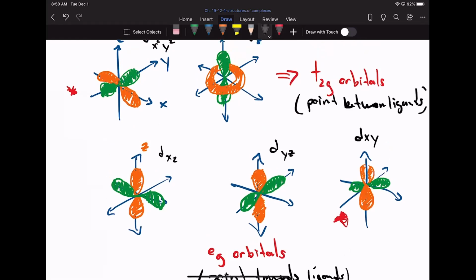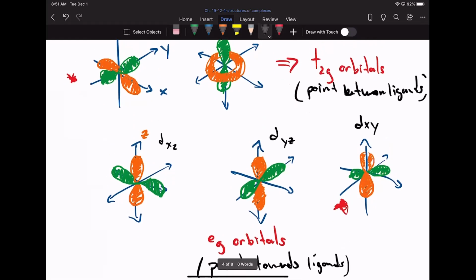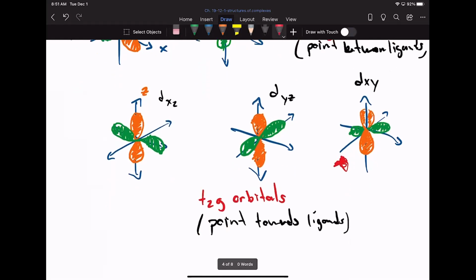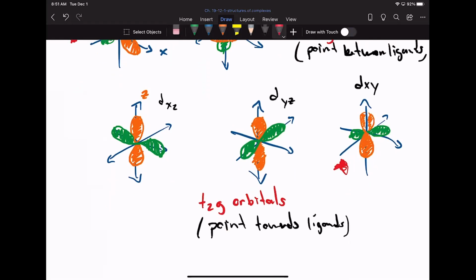So we have two that point away from the ligands, and then we have some that point towards the ligands. eg, t2g. I know that because T represents triple, and we can see that there's 3 there.